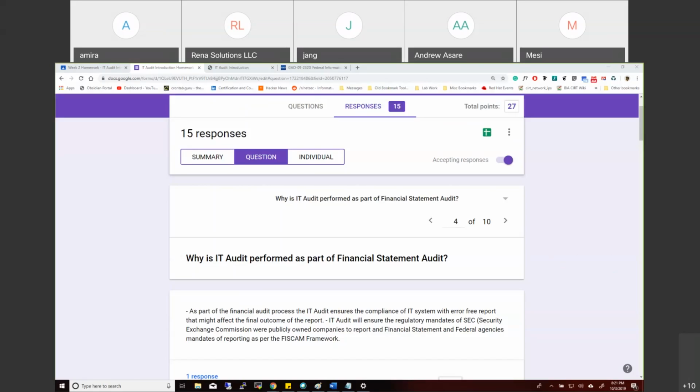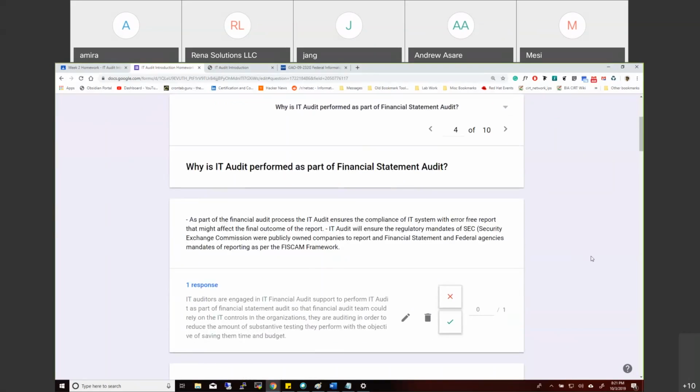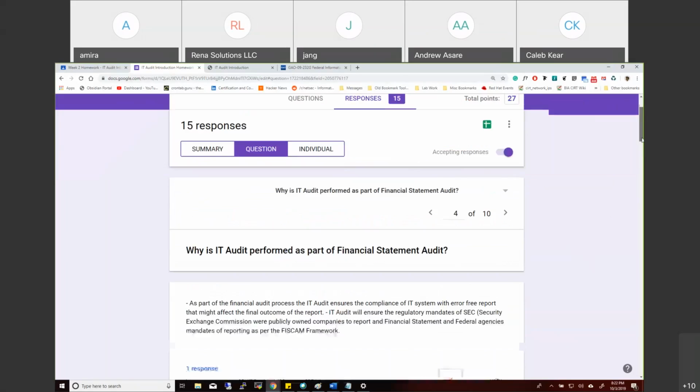Anybody else want to answer that? I don't know if this is right or not, but it's to see if the controls of the organization are effective, and also that the statements can be relied upon to generate an accurate financial statement. Yep, that's the answer I was looking for.